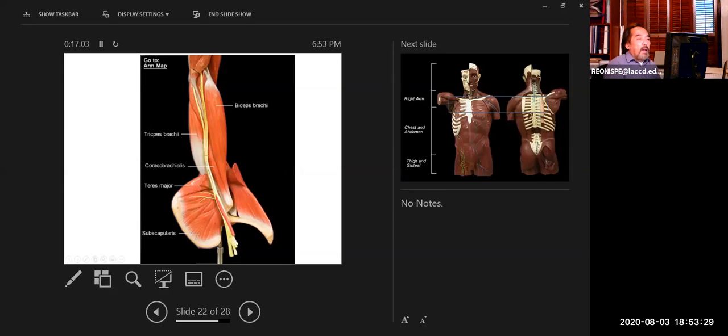Okay, biceps brachii here. Coracobrachialis here. And then brachialis is going to be seen here also. Okay. Subscapularis is here. And whatever the subscapularis has close to it, it's going to be the teres major.